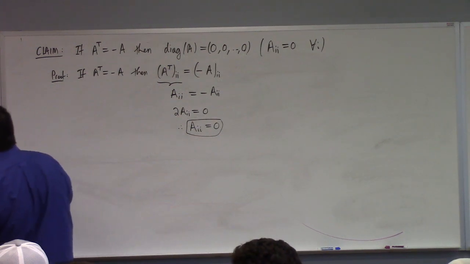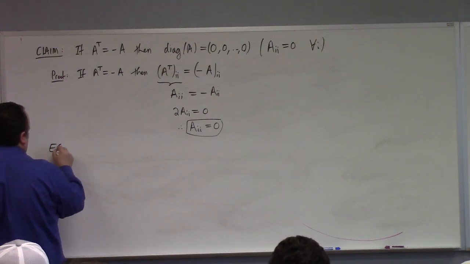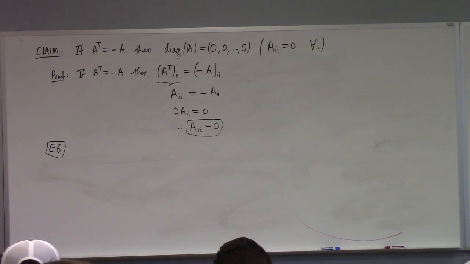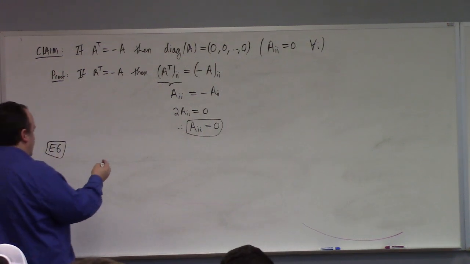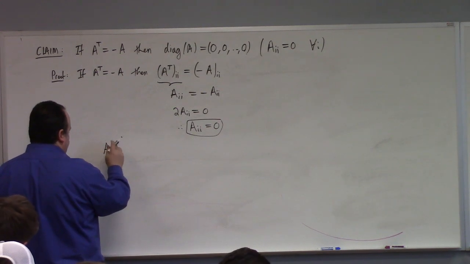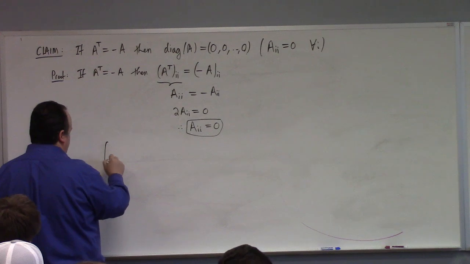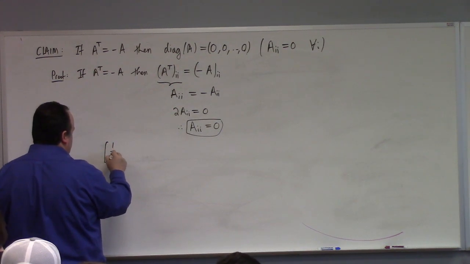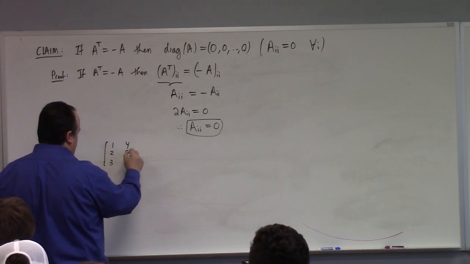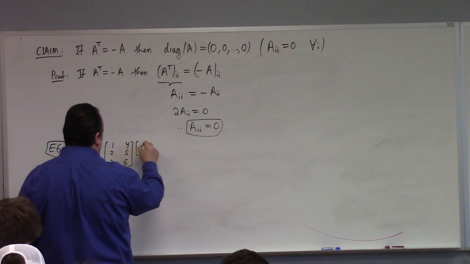Let's see here, example 6. Another important kind of matrix product we should look at for a second. Let me make the matrix specific. We'll put 1, 2, 3 in the first column, and then 4, 5, 6 in the second column, and multiply that by 1, 0.